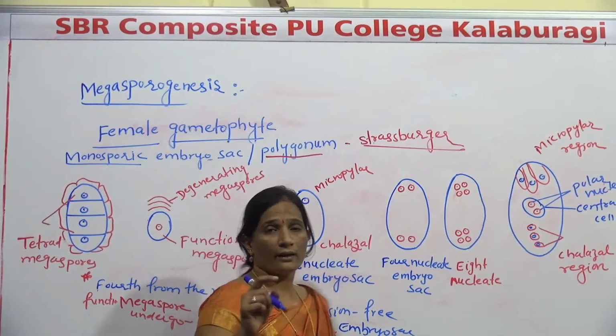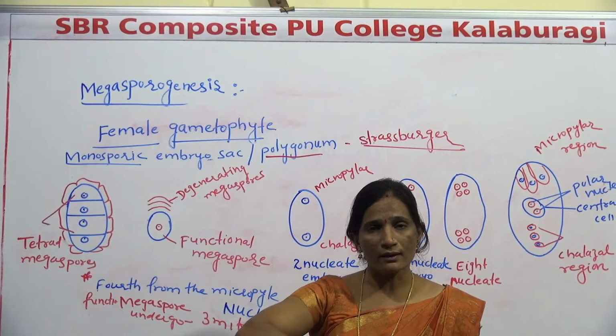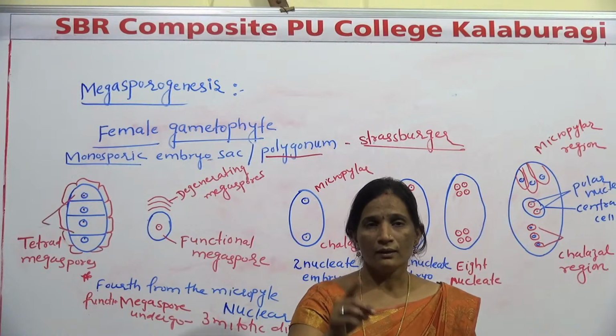Sorry, here the megaspore undergoes how many mitotic divisions? Three mitotic divisions. Is it clear?